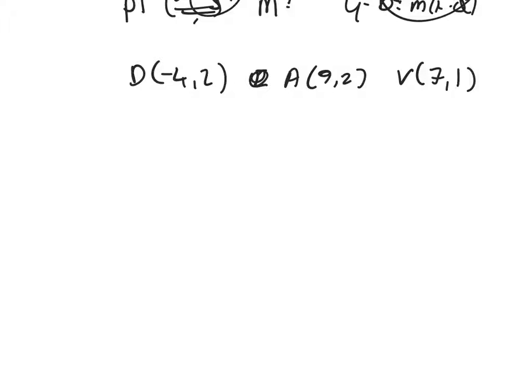Okay, so let's sketch that out. So there's a point (-4, 2), which is D, and there's a point (9, 2), which we're calling A, and (7, 1) might be around here, and that's the point V.